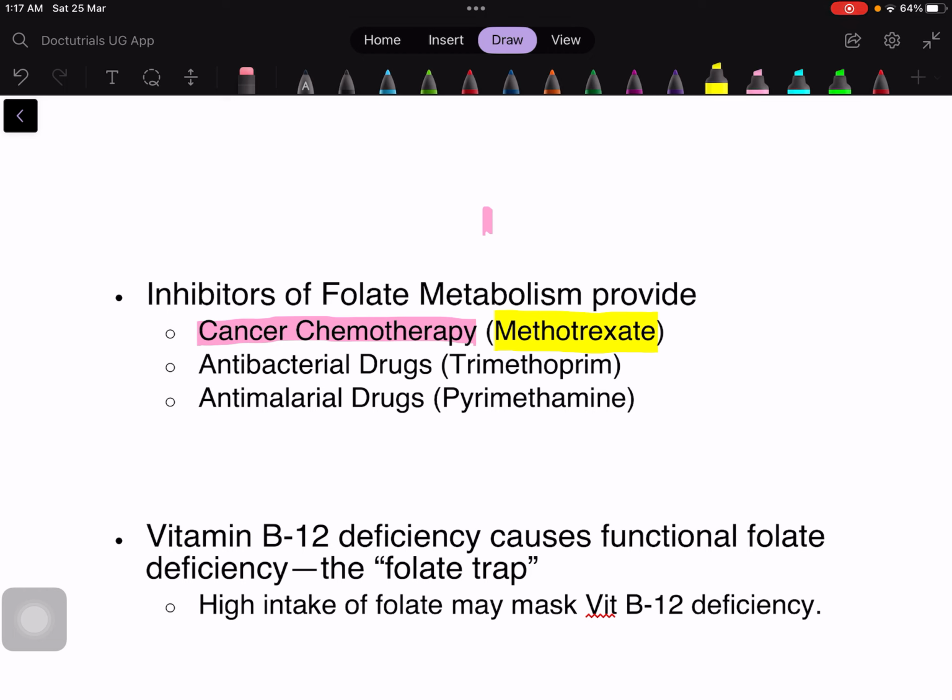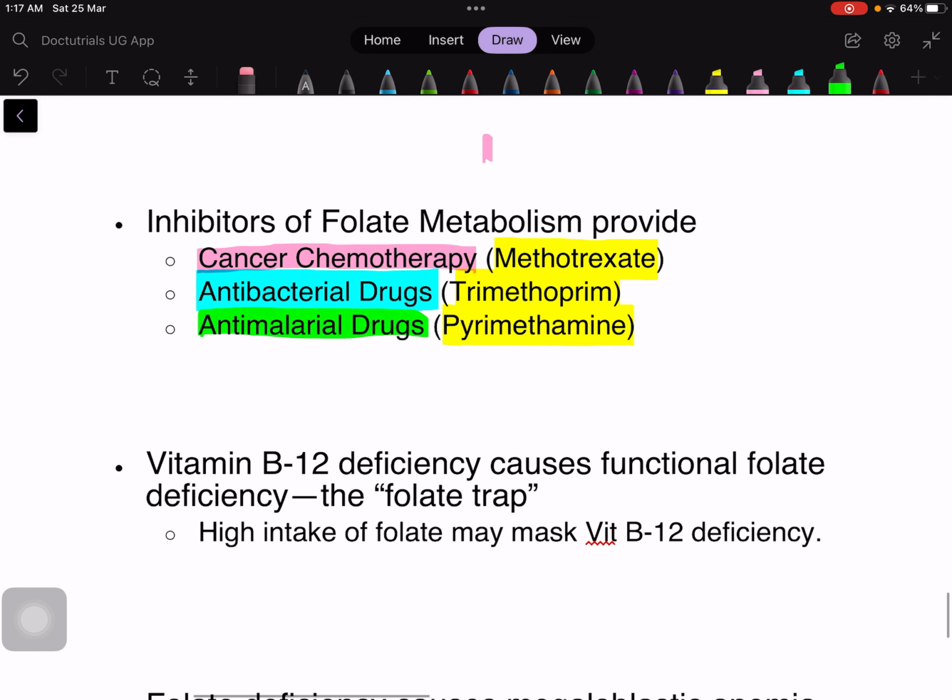If you target the bacterial tetrahydrofolate, in that case you get the antibacterial drug, and if you target the enzyme in the protozoa, in that case you get the anti-malarial drug. Okay, so same metabolism targeting the different enzymes in the different types of organism, you can have the different clinical applications. Okay, please keep this point in mind.